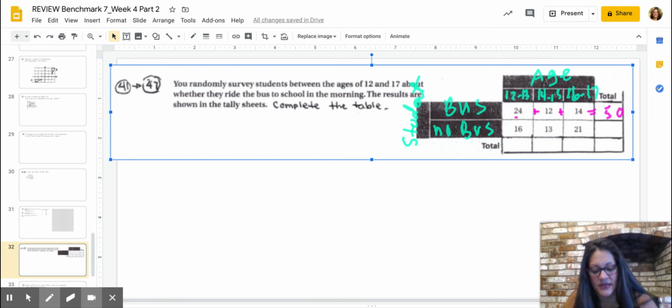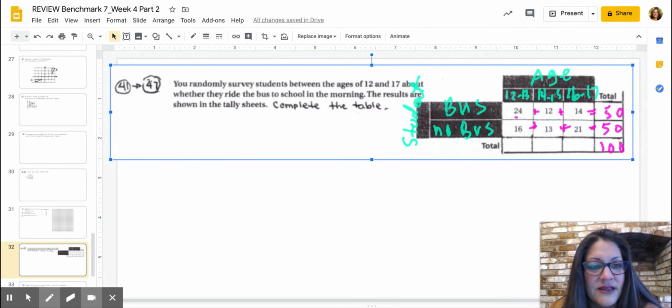The number of students that don't ride the bus is 16 plus 13 plus 21. So the students that do not ride the bus is also 50. That means we have a total number of students of 100.